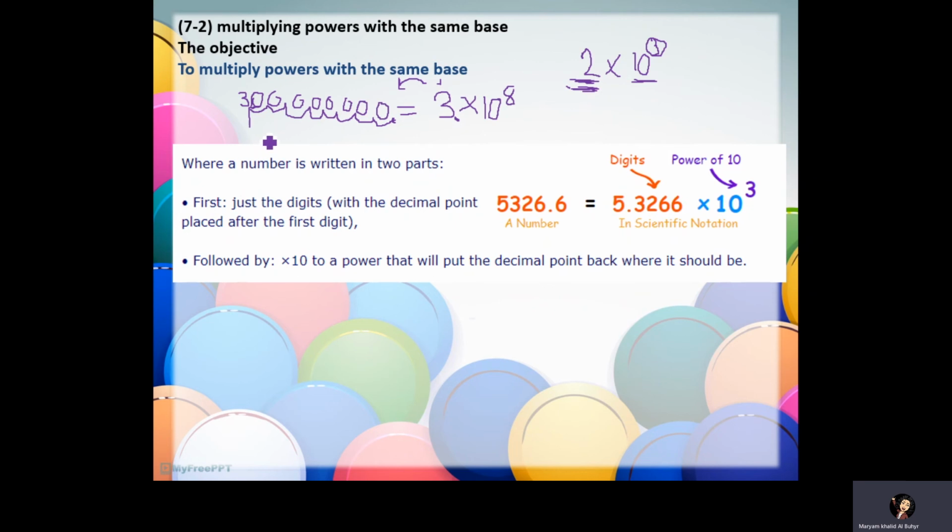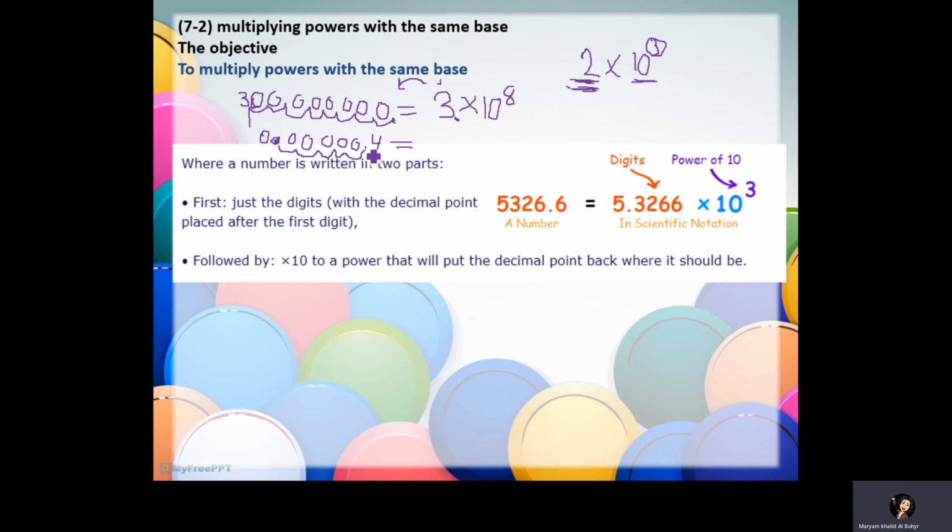Let me give you another example. For example, if you have a very small number like this, this is my decimal. Can you see that? This is a very small number. I want to write this in scientific notation. So that will be 1, 2, 3, 4, 5.